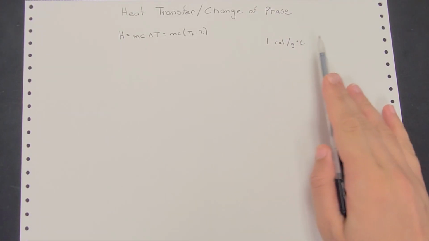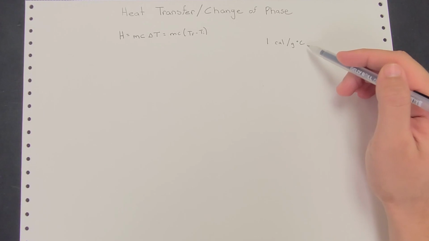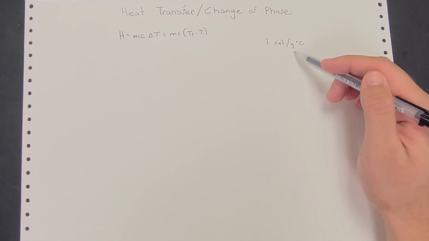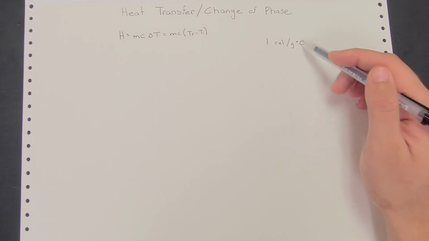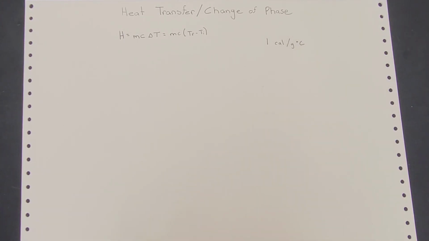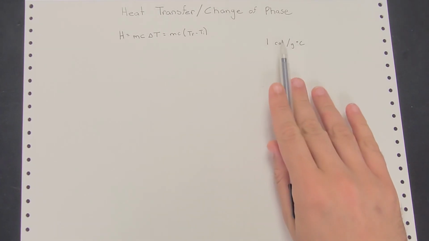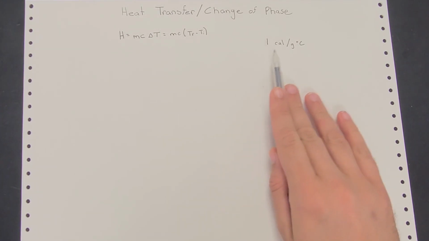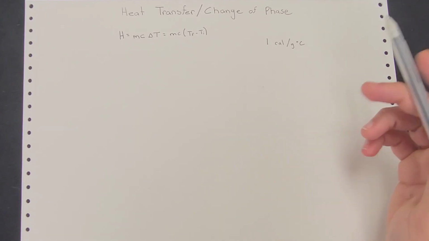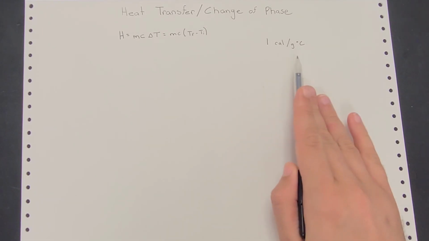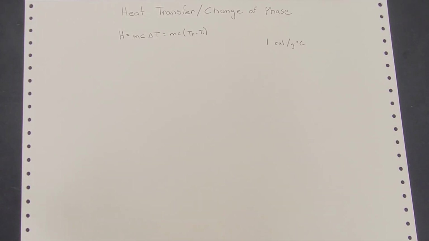So for every degree that our water changes, for every gram of material that we have, to get 1 degree Celsius of change, we have to add 1 calorie of energy. So the higher the specific heat, the more energy I have to add to a substance in order to raise 1 unit of mass 1 degree Celsius.